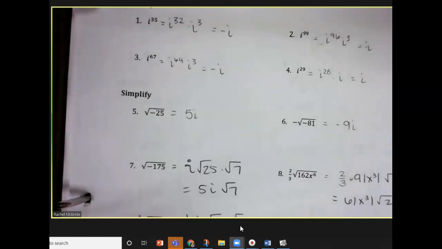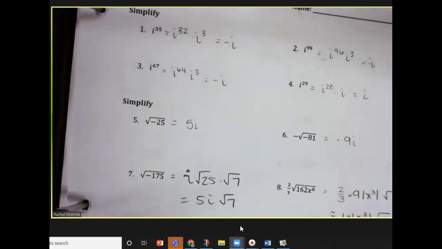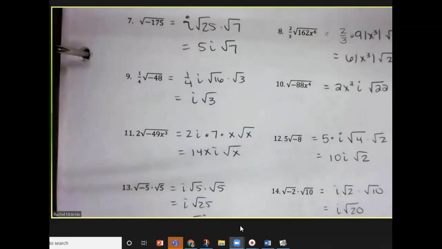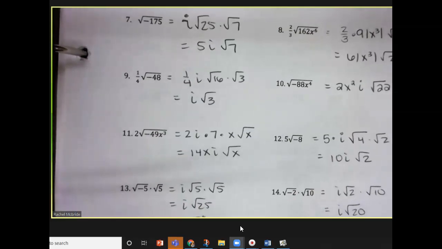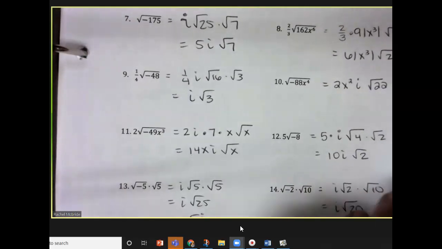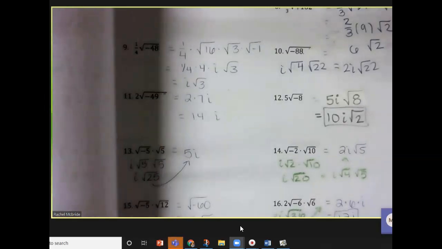Good. My number 8 doesn't match it. Mine went to the 2/3 one. You mean like your problem is different or your answer is different? So are you this one?